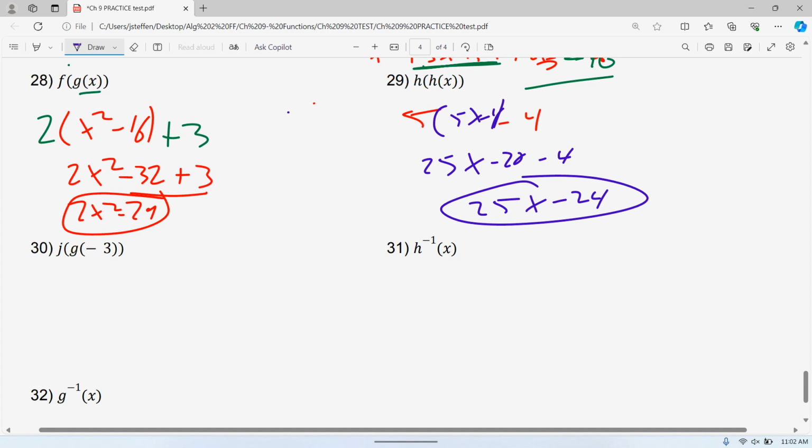This way, you plug the negative 3 into the g, and then you plug that into the j.